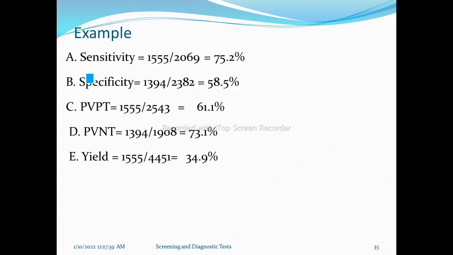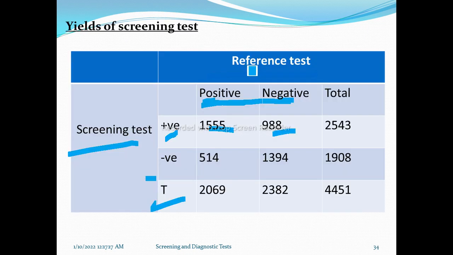When we calculate sensitivity, this number divided by this number, it will be 75.2.